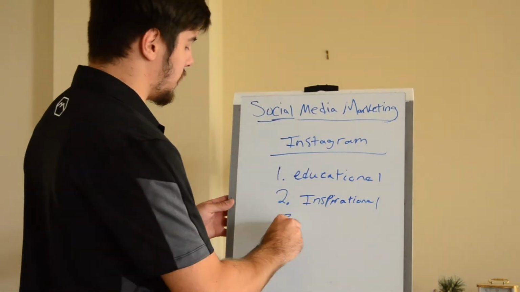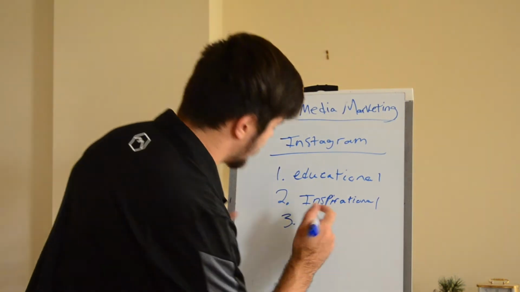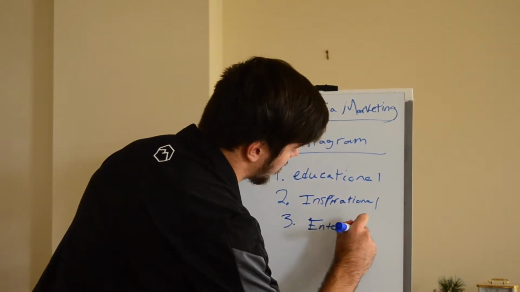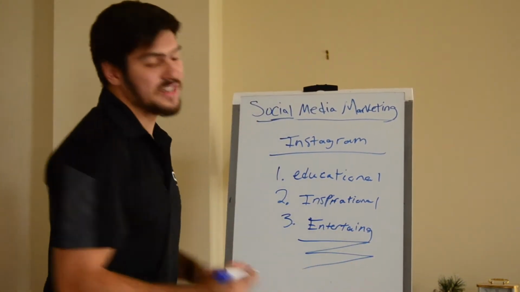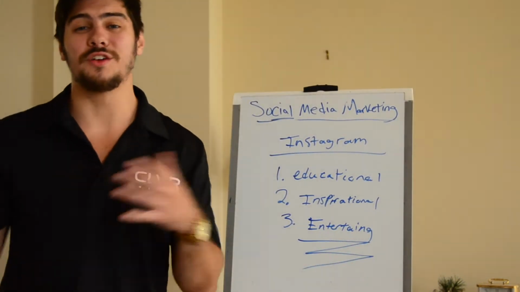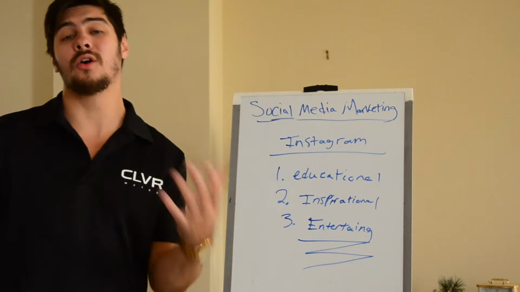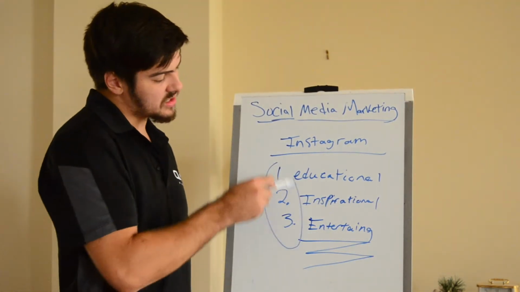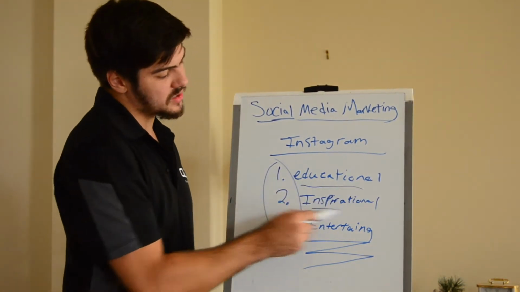And the third type of post you want to do is entertaining posts, guys. We want to start entertaining people, showing them the other side of us, having fun, hanging out, going to the bar with some friends, whatever it is. We want to mix in these 3 types of posts: educational, inspirational, and entertaining.